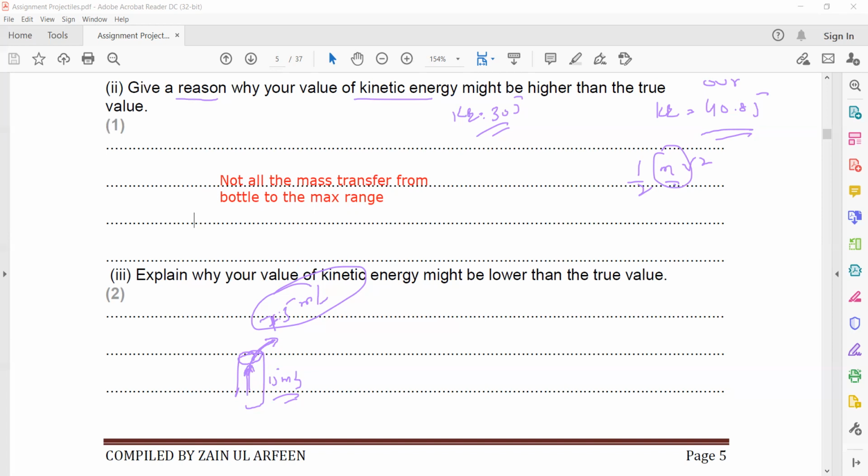The second part: the friction or air resistance might reduce the speed, which causes a smaller value of kinetic energy than the true value.